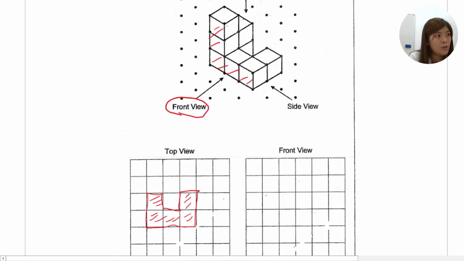Again, you have 5, so you will just draw something like an L shape, then you shade it. So this is the front view.